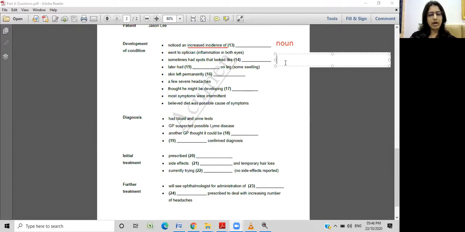Comparison. Yeah, so I'm looking for an adjective here. Again, adjective for spots. They are, yeah, I'm sorry, not the adjective, but something similar to spots.